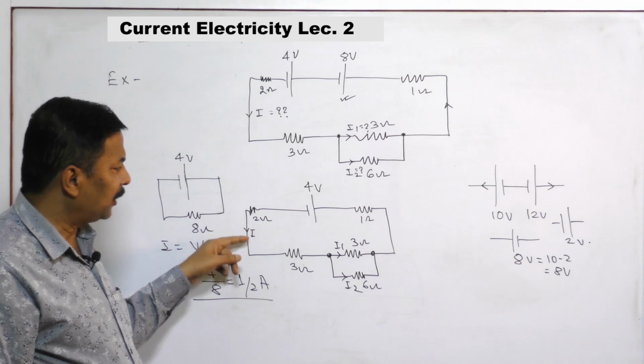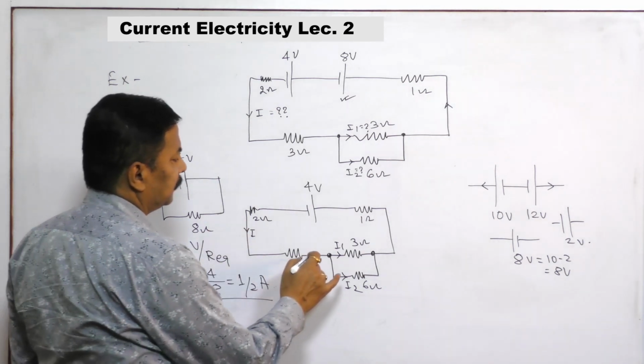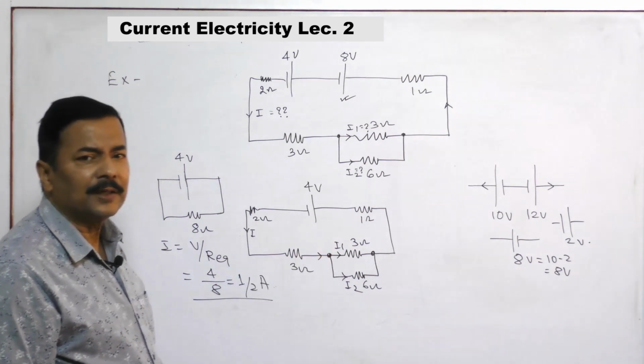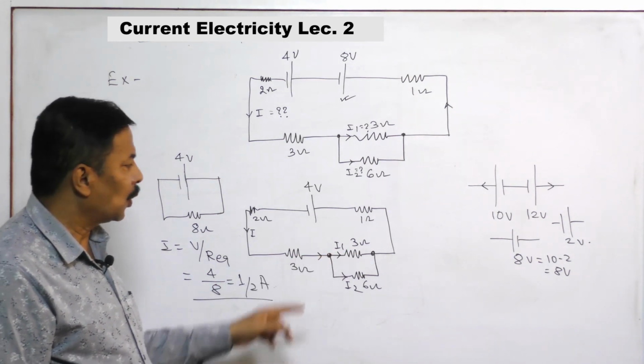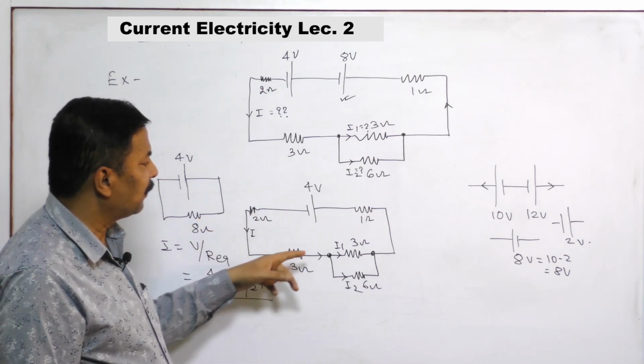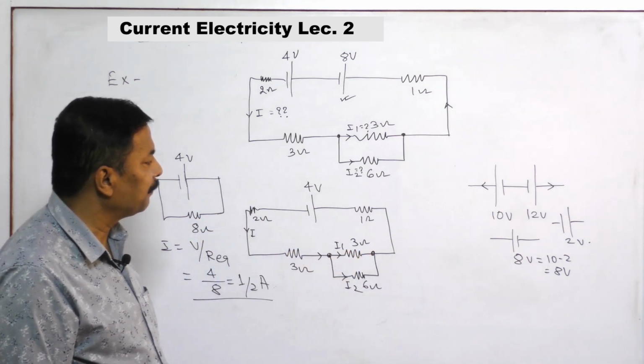Now when 1 by 2 ampere is reaching here, the potential difference remains the same. So how do we find I1? The potential difference across this remains the same.